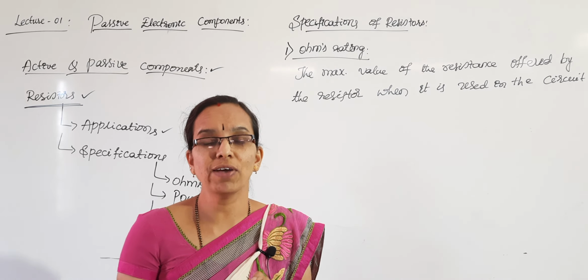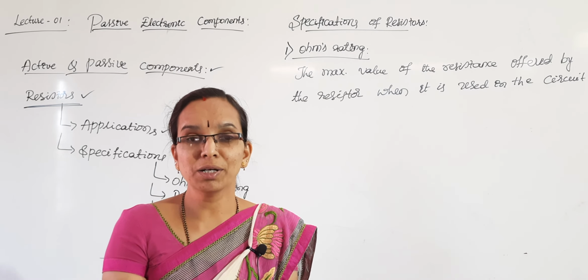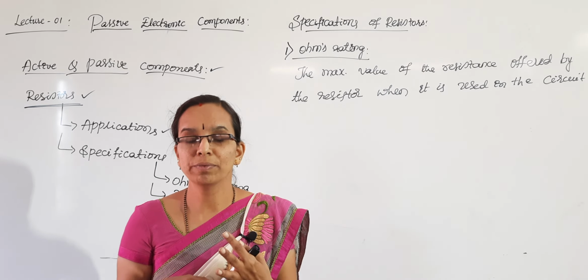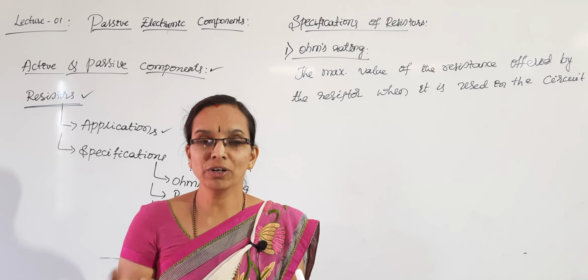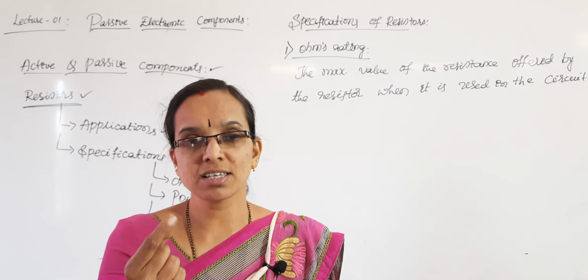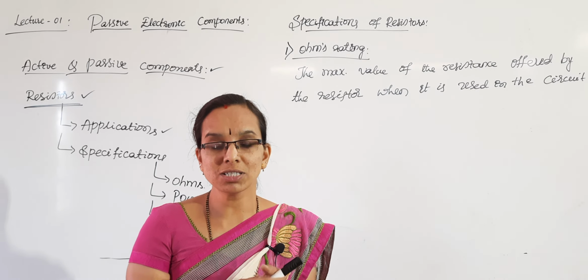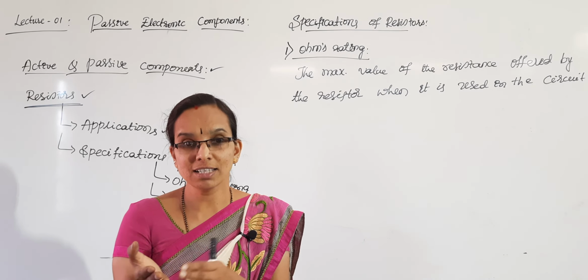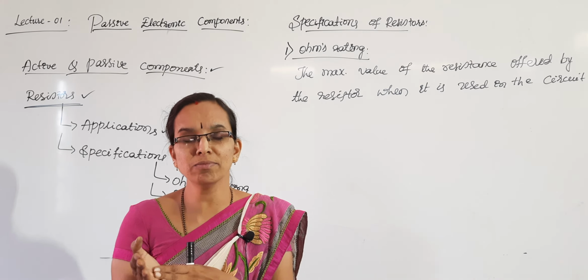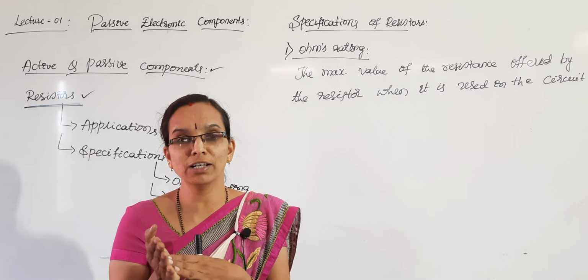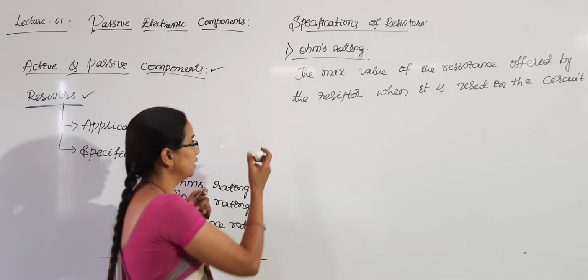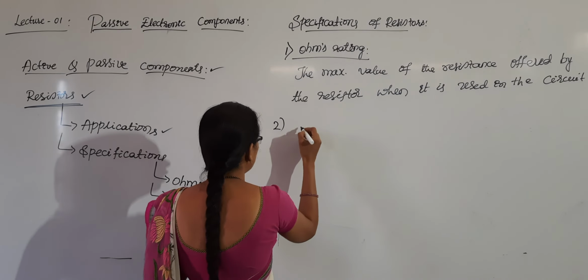If you want to construct a circuit, you will buy a resistor. Resistance values may vary depending on many factors, such as temperature or the size of the resistor. How much maximum value of resistance it can possess when it is used in the circuit, that is nothing but Ohm's rating. The second one is power rating.